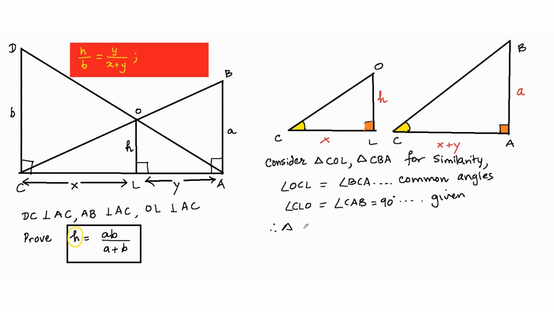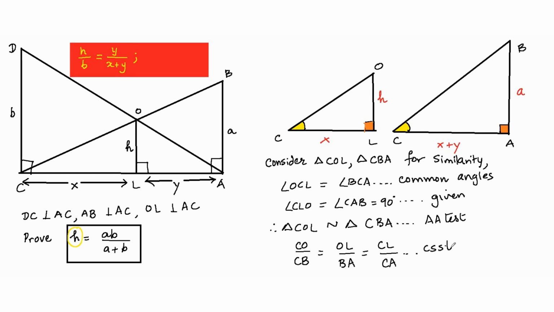And therefore, triangle COL is going to be similar to, so C corresponds to C, O corresponds to B, and A by the AA test of similarity, which means CO divided by CB is equal to OL divided by BA, which is equal to CL divided by CA.